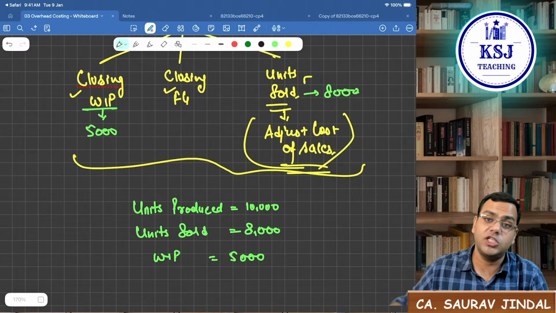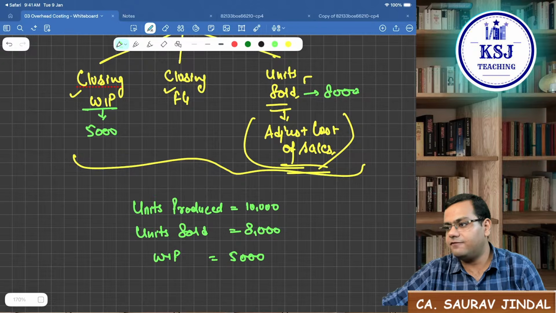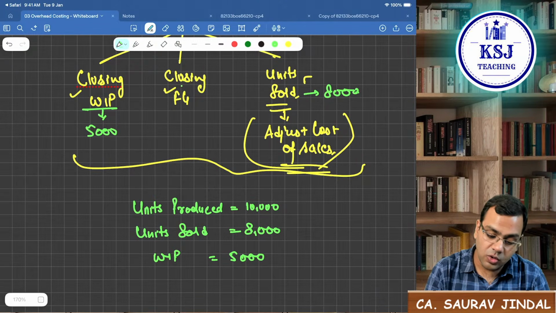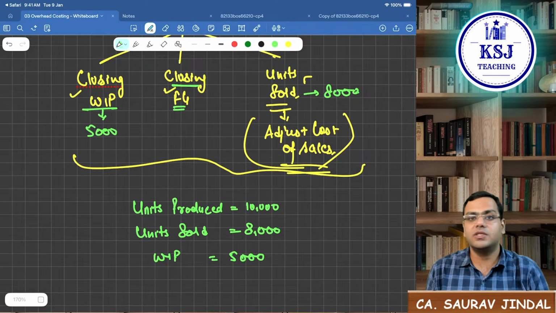What about FG? In the FG, are we going to take 10,000? No. What we are talking about is closing FG. Closing FG will be what?